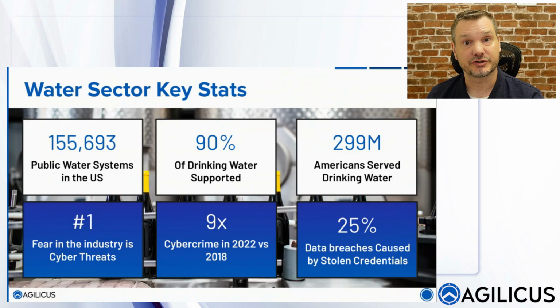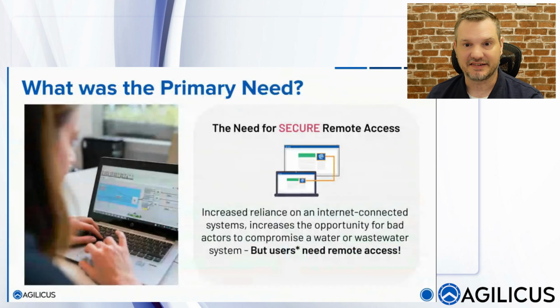Those could be through social engineering or theft of credentials, but most often than not, the consequence is a large blast radius when these breaches occur, which leads bad actors to control parts of the industrial control systems, such as public water systems, and have huge implications. So those are the key stats.